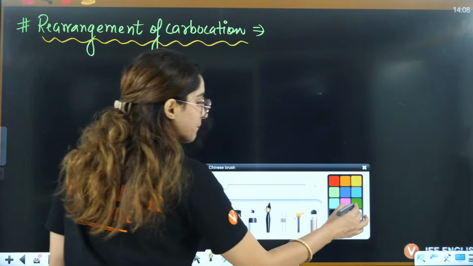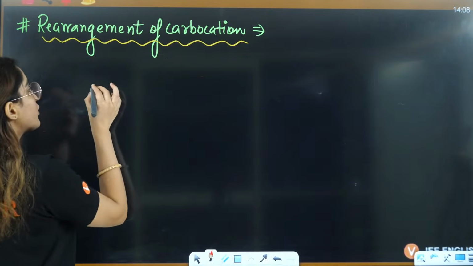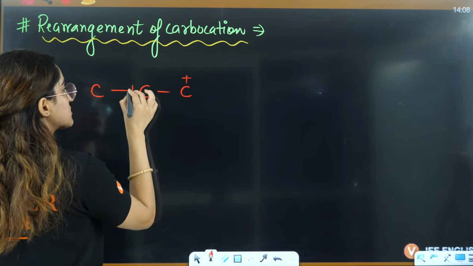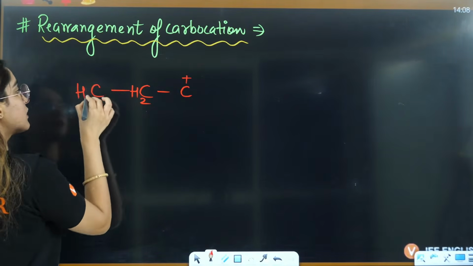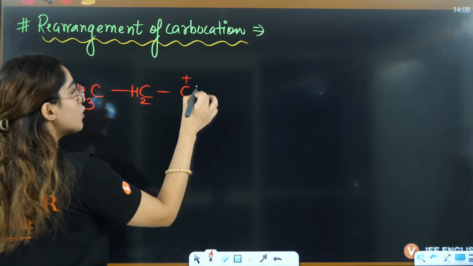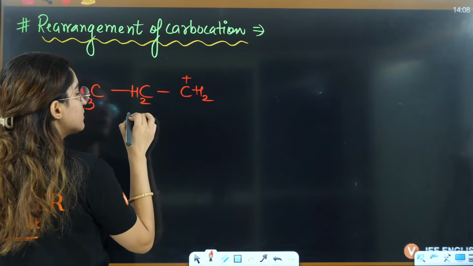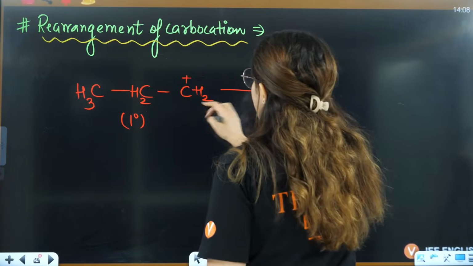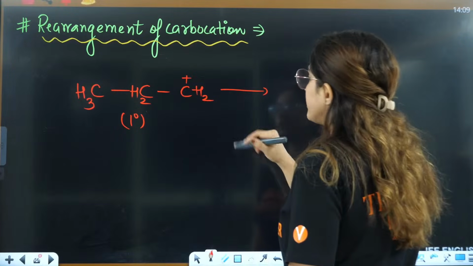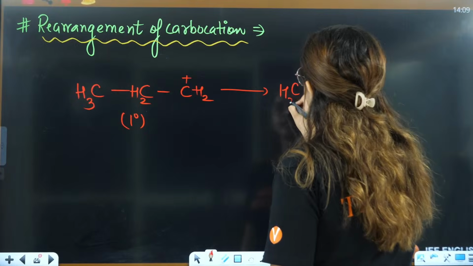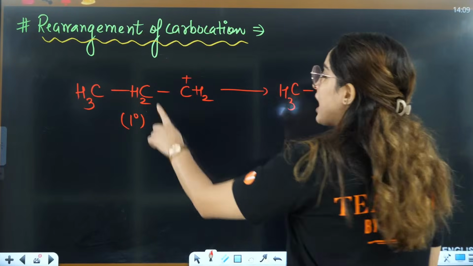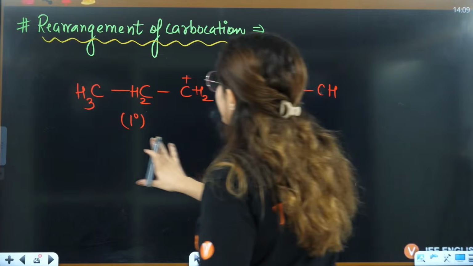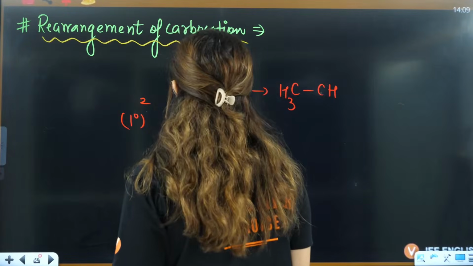Now see, let's say this is the carbocation. This carbocation is a primary carbocation. So what will happen is this hydrogen will shift here. One hydrogen, the hydrogen with the negative charge, will shift here.